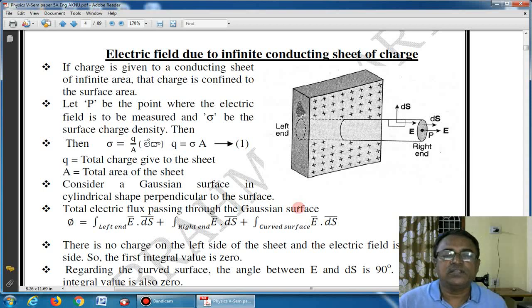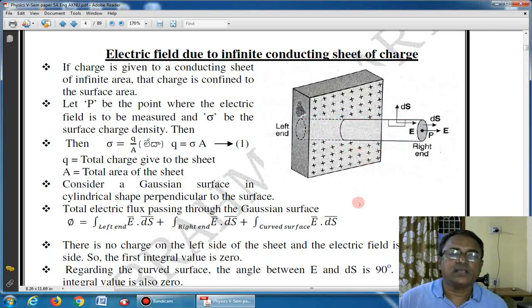Gaussian surface means it is an imaginary surface, and that imaginary surface should be taken such that it passes through the point P. Here this is the Gaussian surface and this is taken in the form of a cylinder, and this cylinder is on two sides of this area, in cylindrical shape.